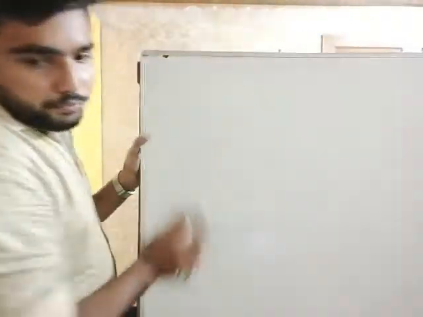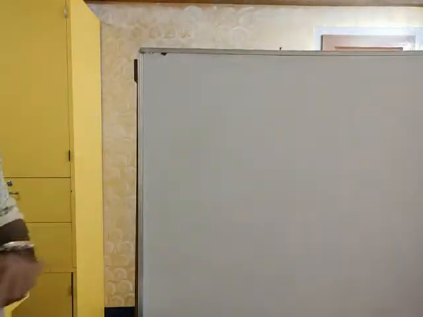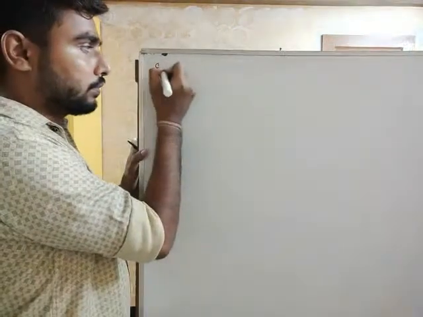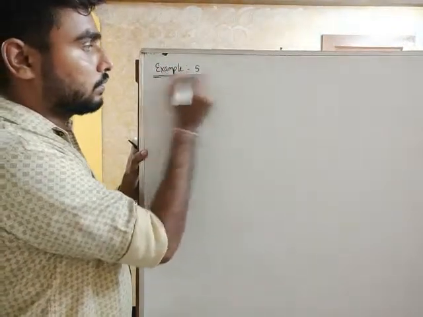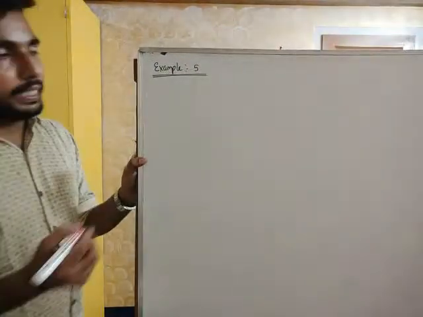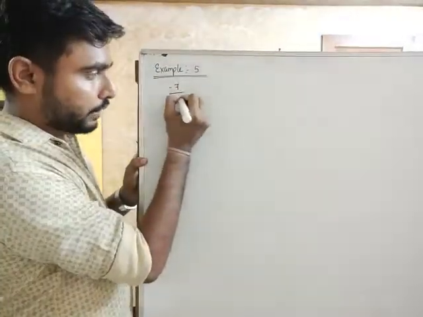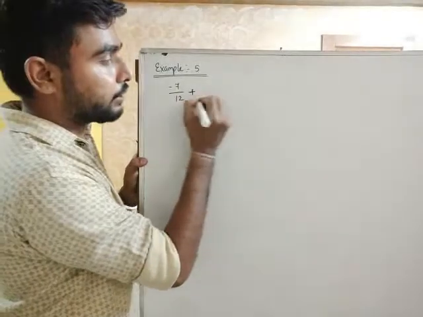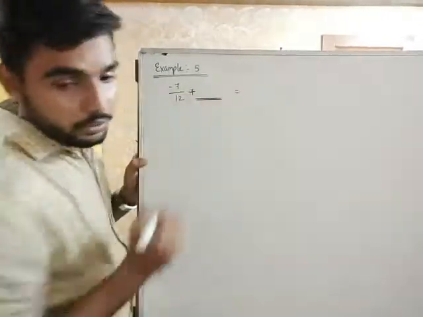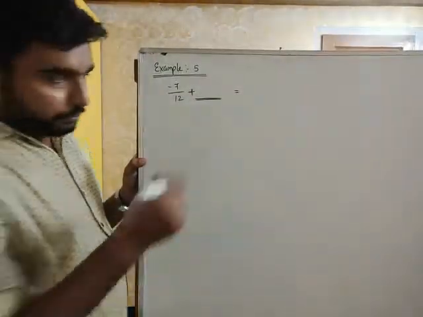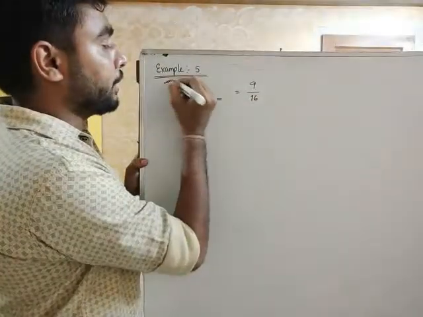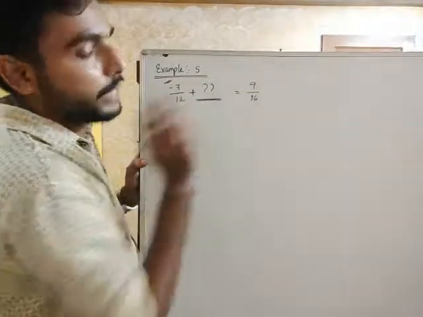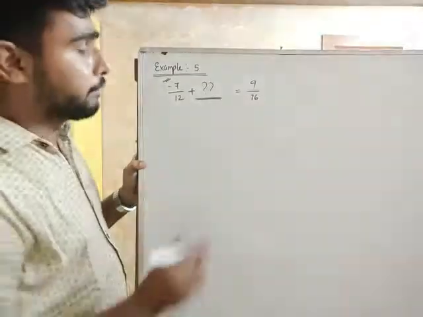Example number 5 says, what should be added to minus 7 by 12, so that you get 9 by 16?